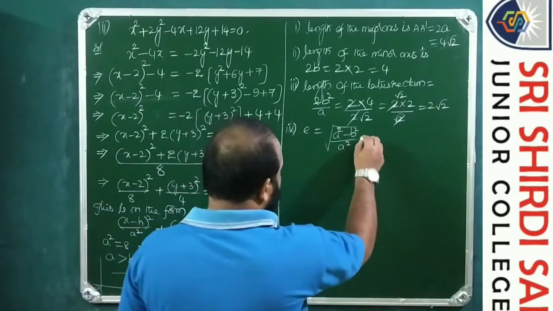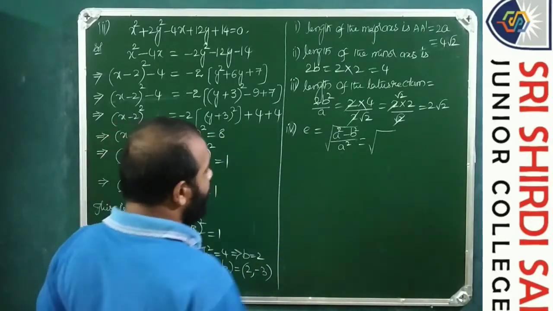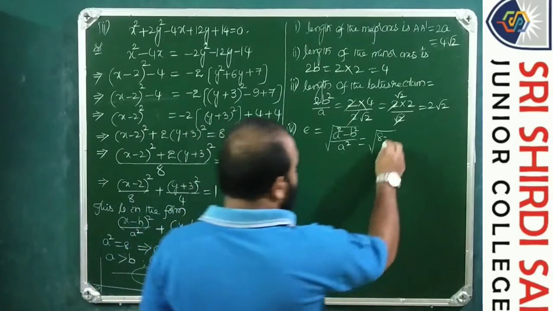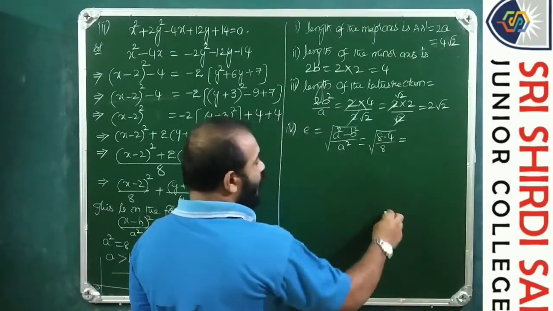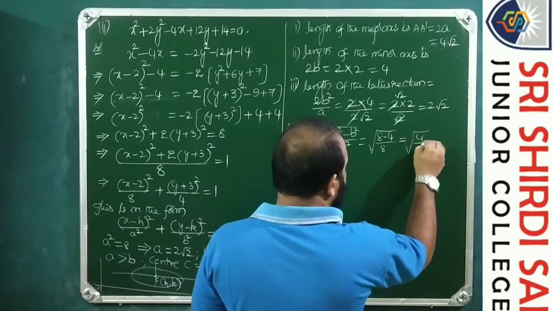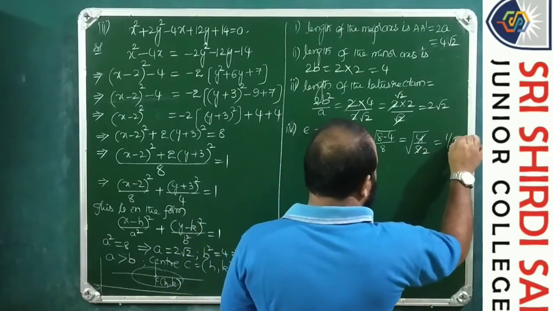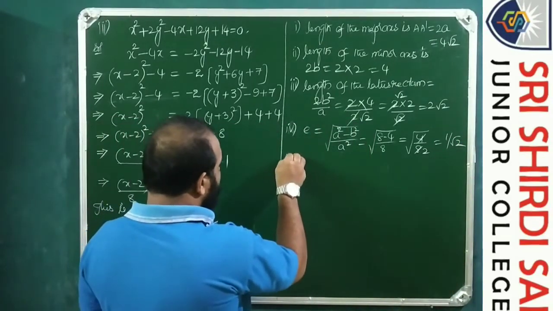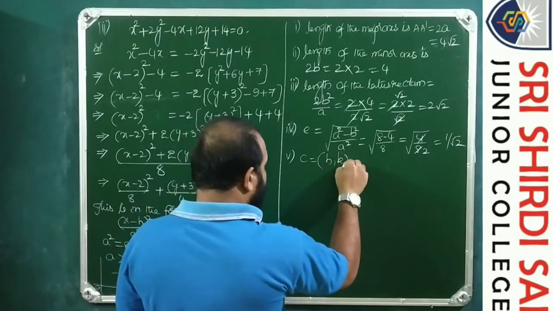So this is equal to a square is 8 minus b square is 4, by 8. So 8 minus 4, this is 4 by 8. So 1 by root 2. This is the eccentricity.